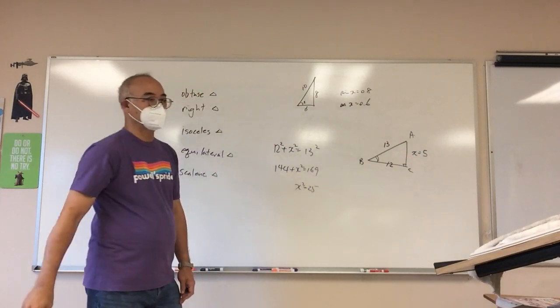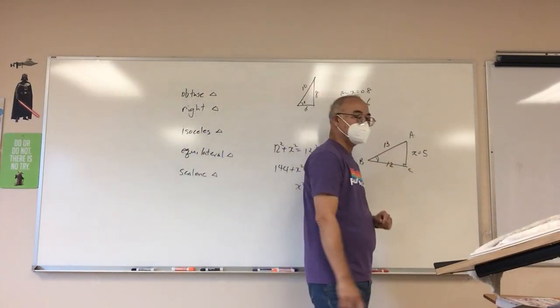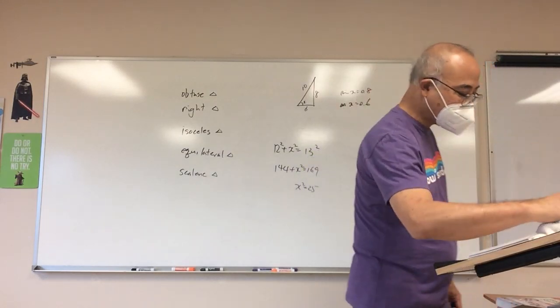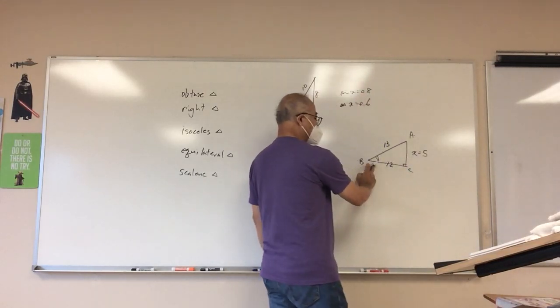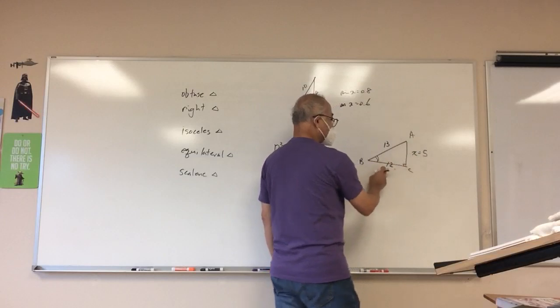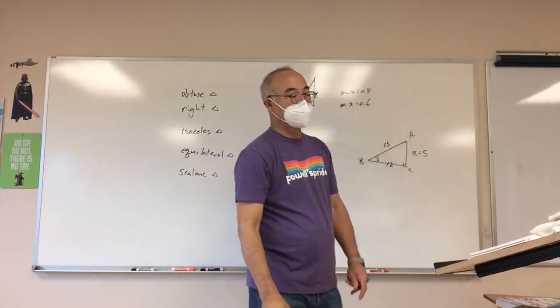So 5, 12, and 13, right? And do you want to know what is the tangent of this angle? So tangent of this angle would be what? TOA, opposite over adjacent, right? So 5 over 12. Okay.